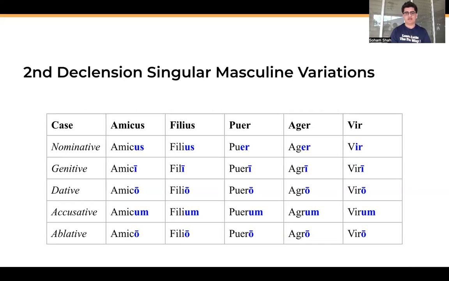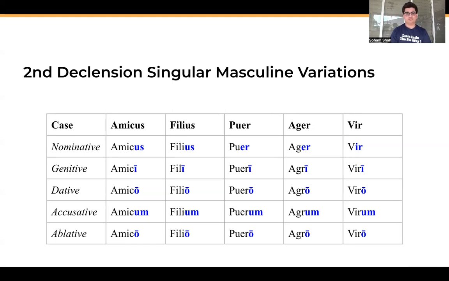Let's just focus on the endings. The endings are highlighted and colored in blue. So if you just look at the endings, we can see the pattern of us, i, o, um, o. Again, knowing your genitive singulars is extremely important because in the future, we will find a little bit of a pattern in the second declension, but there are some nouns which don't have that pattern.